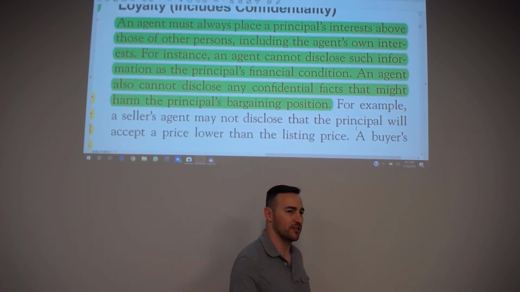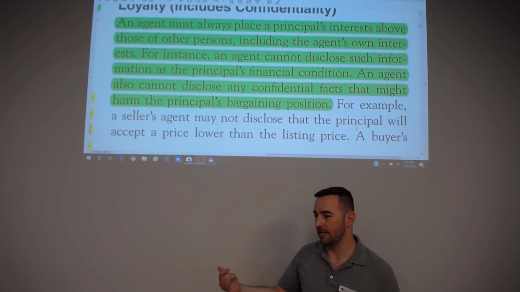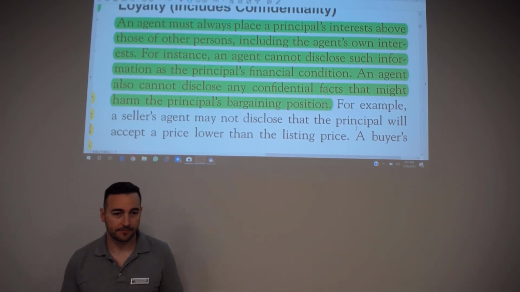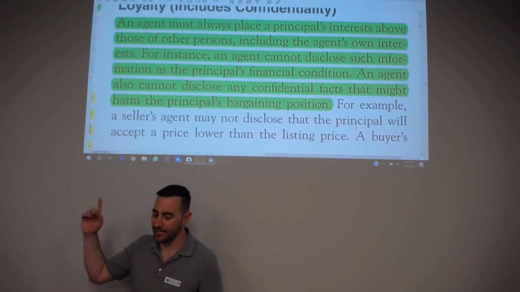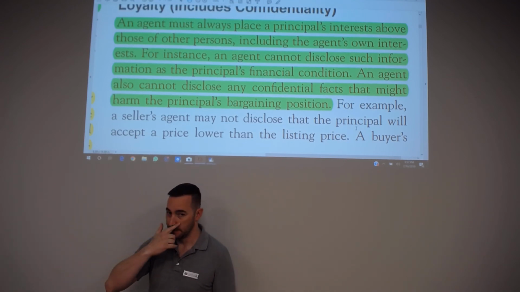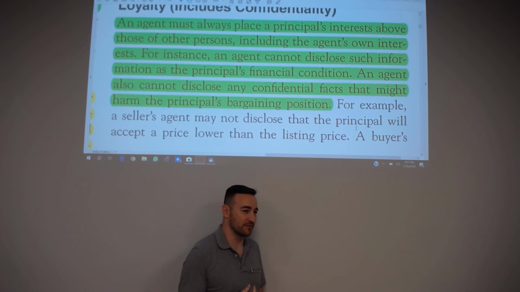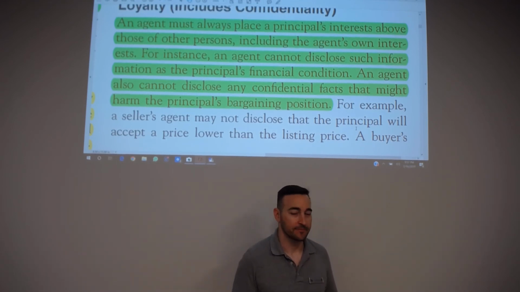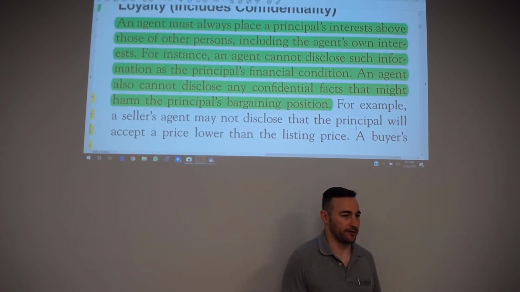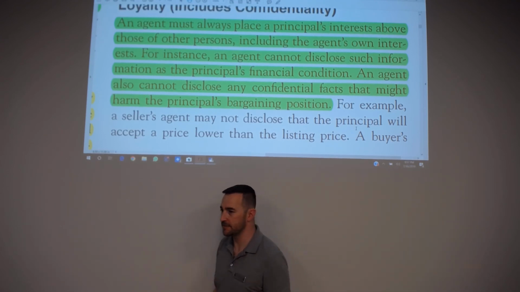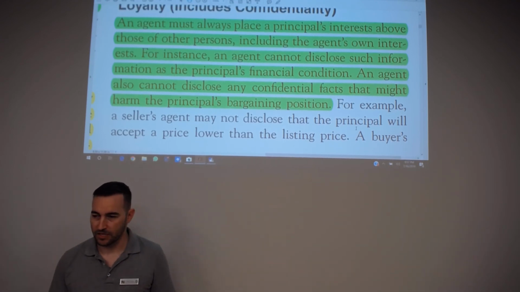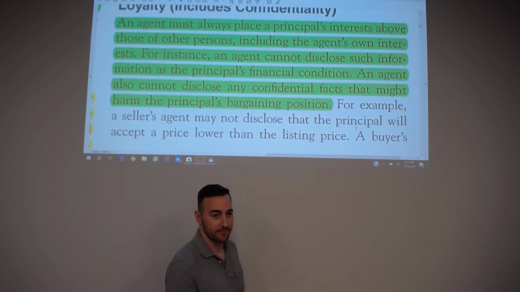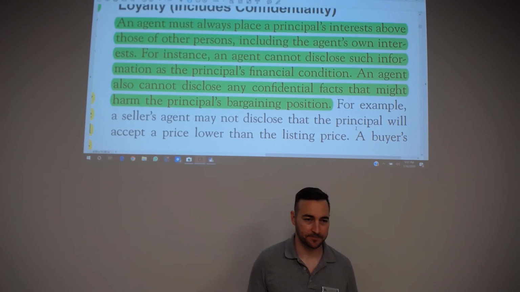So yesterday I gave you an example of an unlicensed assistant saying, oh, they're going through a divorce. Why? Because it affects the bargaining position. If the seller is selling because of a divorce, is the value the same? No, because we're going to lowball on that offer. We're going to offer way less, because you need the divorce. Does that make sense?